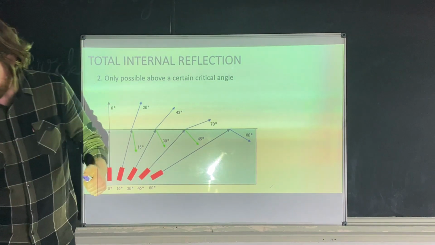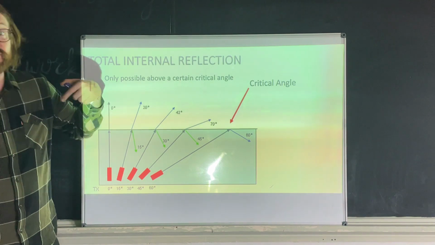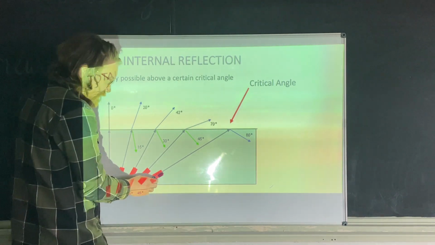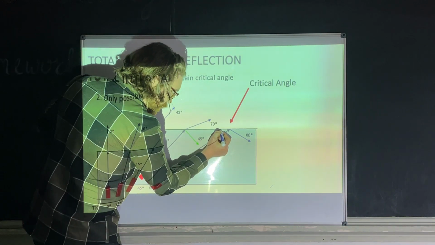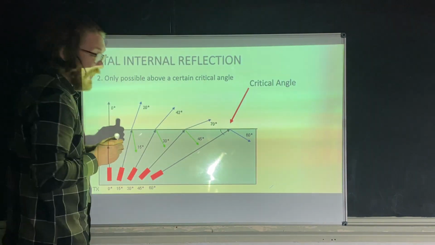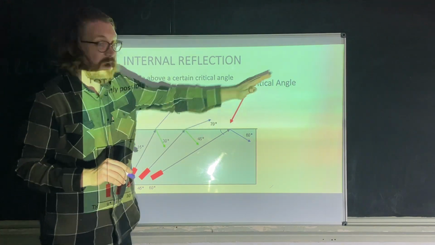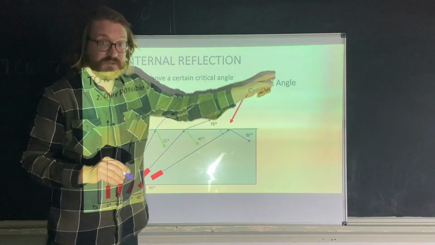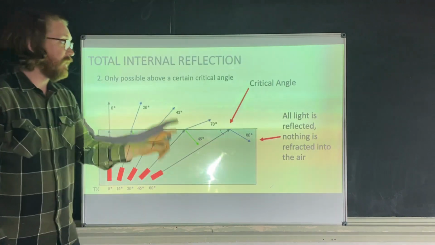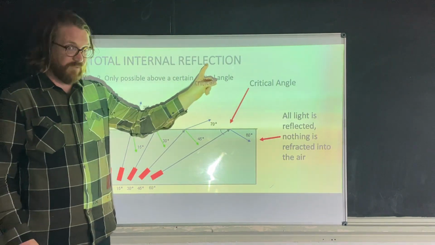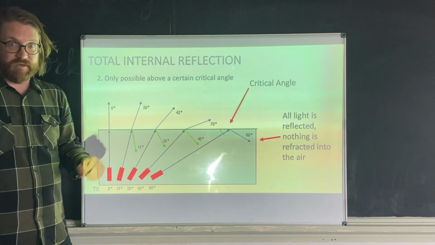Well, what happens is eventually there's something called a critical angle. This is the angle that when it hits the glass, it doesn't refract anymore. It doesn't come out anymore. It is completely reflected. It is totally reflected back inside.